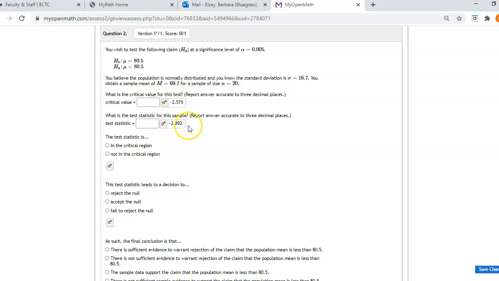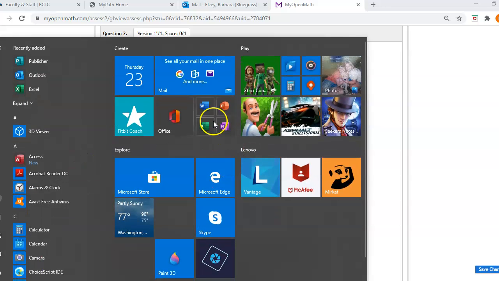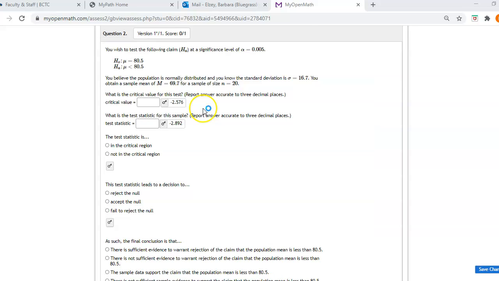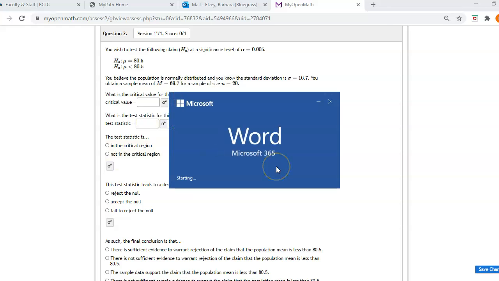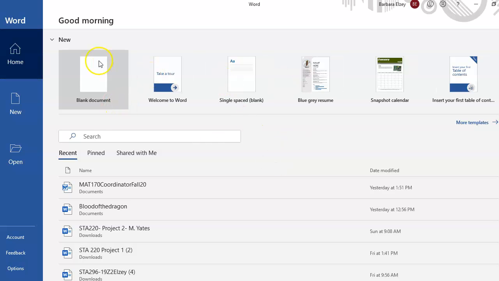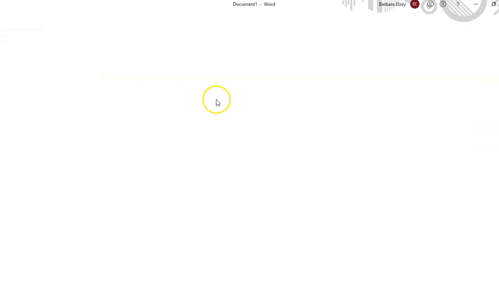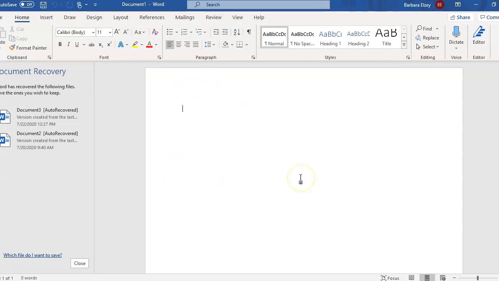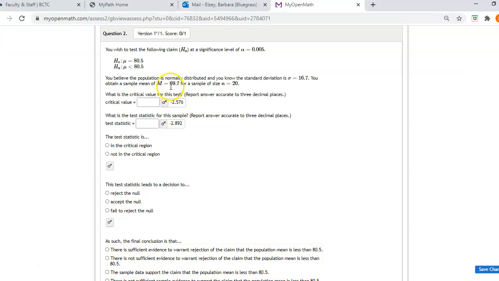Now, let's get our test statistic. We need to plug it in, and I didn't open a Word document, so let me do that real quick. We're going to do our z-score, but it's the newer z-score with the square root of our sample size in it. So z equals our x bar, if we look back, is 69.7.